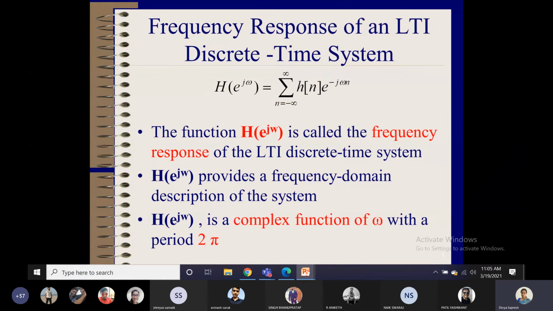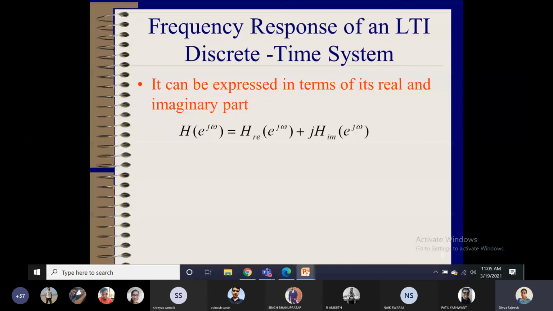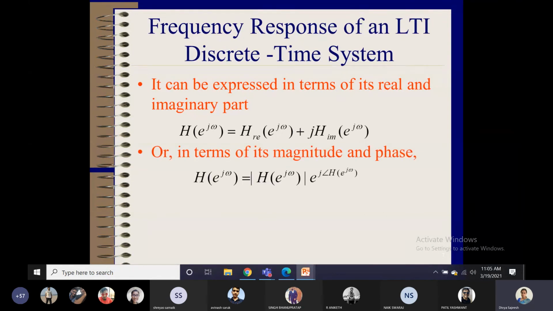Since it is complex, we cannot plot H of e raised to j omega directly, so we need to separate out the imaginary and the real parts. We can express it in polar form, that is, in terms of magnitude and phase.